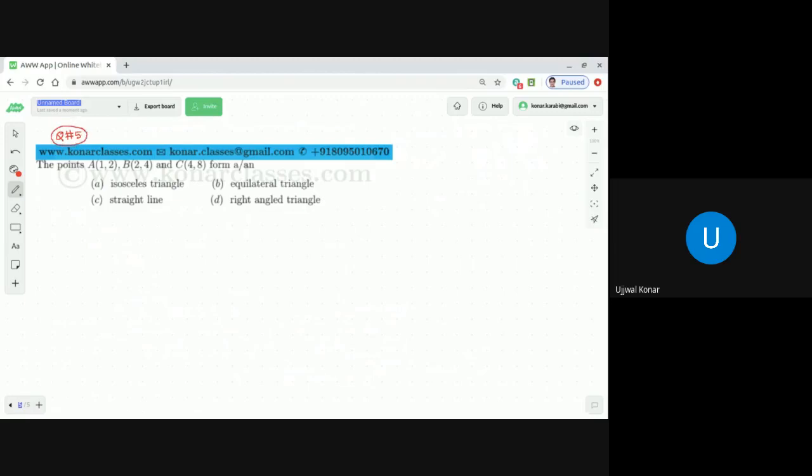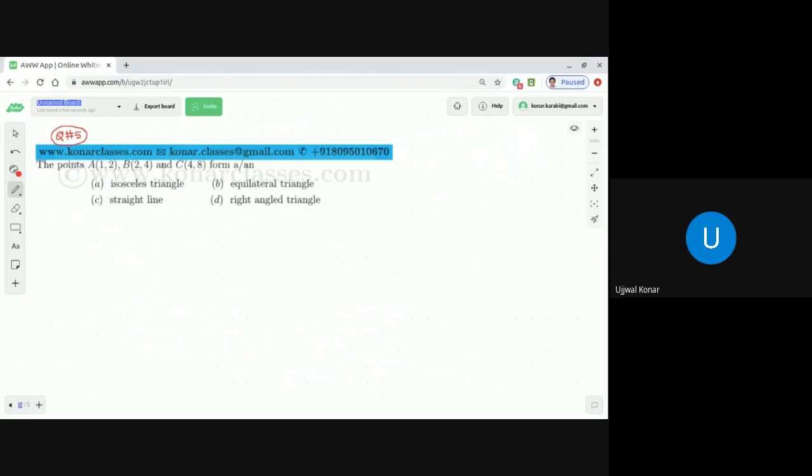The points A, B, and C, whose coordinates are given, form an isosceles triangle or equilateral triangle or straight line or right angle triangle. So how to proceed with this one?